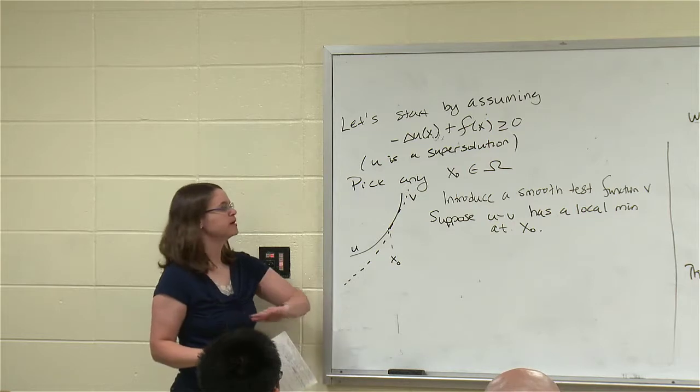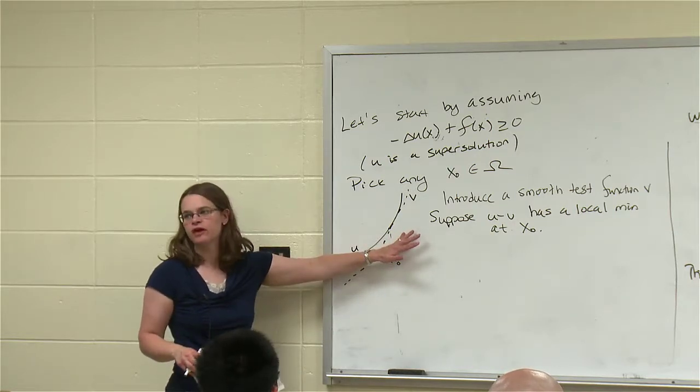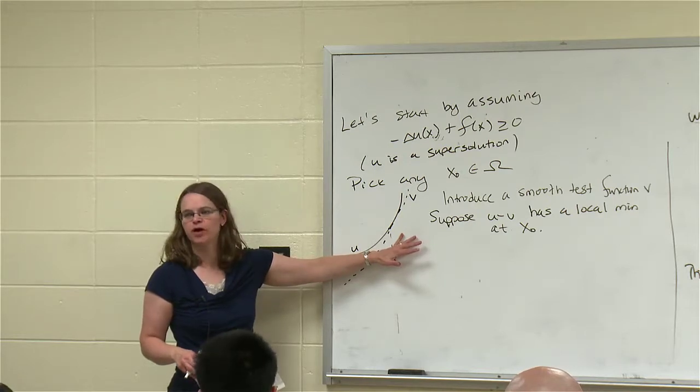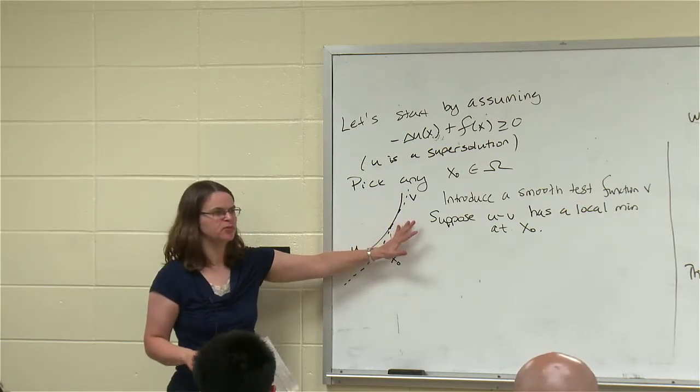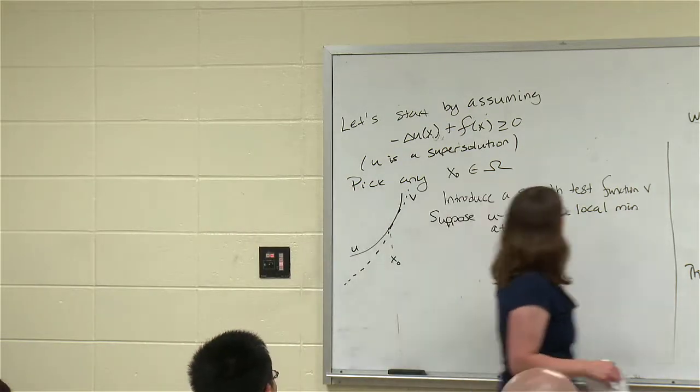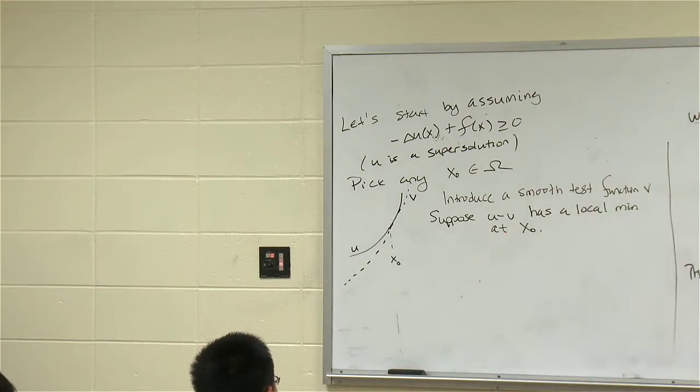I've just picked any v such that this is the case. There are lots of ways I could put smooth functions here that have this property. Any way of hitting this from below by a smooth function will work. And we've got a local min.